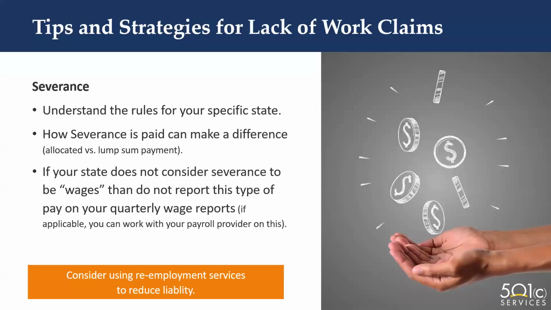The severance now made them liable. So now they're paying unemployment benefit liability on a severance payment. And this was in the state of California. I do know that California does not consider severance to be wages, and therefore you need to be careful about how you report those to the state.